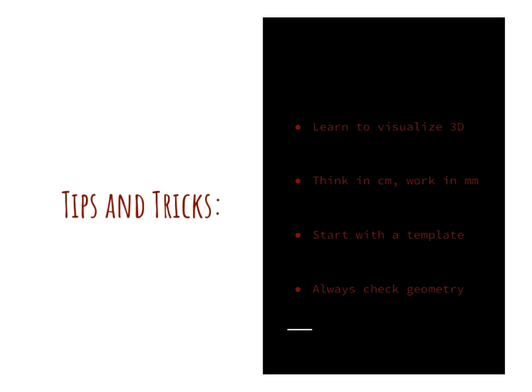Here's a couple of quick tips and tricks. The first one is with any of these programs, whether it's Minecraft or SketchUp or Onshape or AutoCAD or Tinkercad or whatever program you're looking at, once you learn to visualize 3D in one of those programs, it typically transfers to all of them. So almost every one of these programs is going to have three things, either a red or a green or a blue line, and that's to help you indicate what your X, your Y, and your Z axis are.